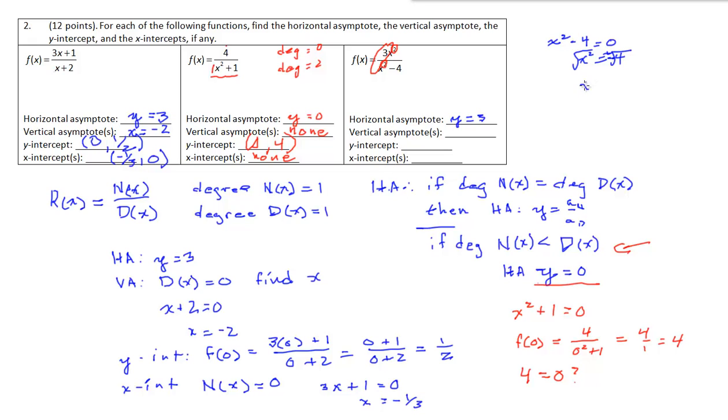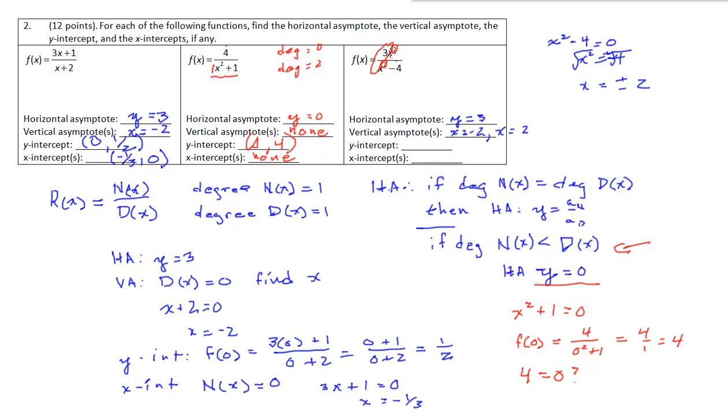So we get x is equal to plus or minus 2. So we have 2 vertical asymptotes. X equals negative 2. X equals positive 2.